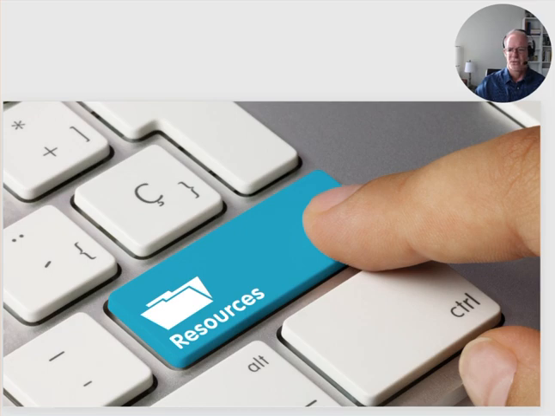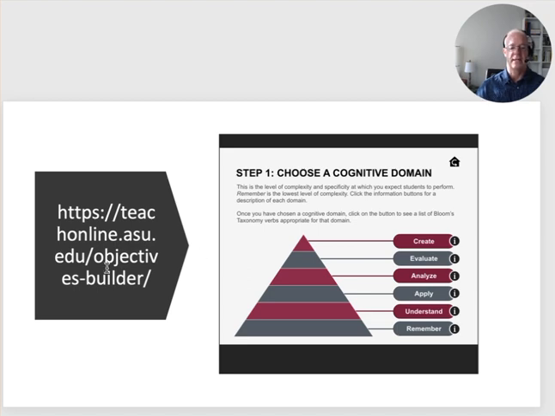Here are a few resources. Everything else that I mentioned, I have put in the announcement. This is a lesson builder, objective builder rather, from ASU, and the whole website is very good. You may just want to take a look around, but it can affirm what you're doing, or you can get on there and see the value of something like this, putting in the outcome, what the cognitive domain is, and then seeing what they come up with.